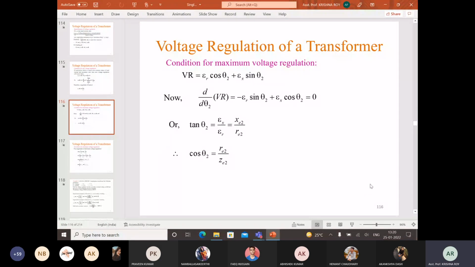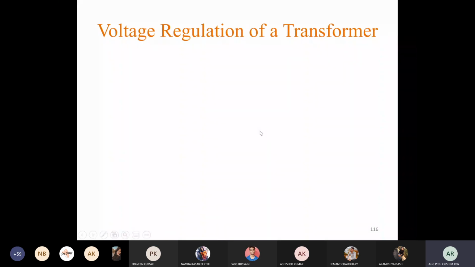Okay, in our last class, we were discussing voltage regulation of a transformer. First of all, we defined voltage regulation, then we discussed the mathematical formula to calculate it, and then we derived a mathematical expression by which we can determine the voltage regulation from the machine parameters, that is per unit resistance and reactance, when the load power factor is given.